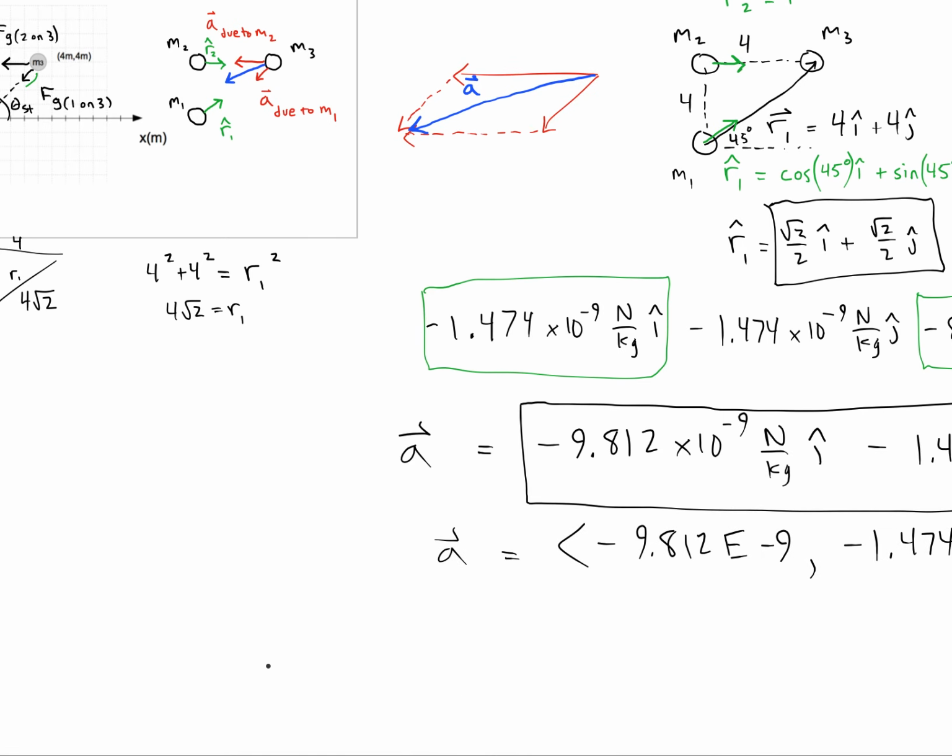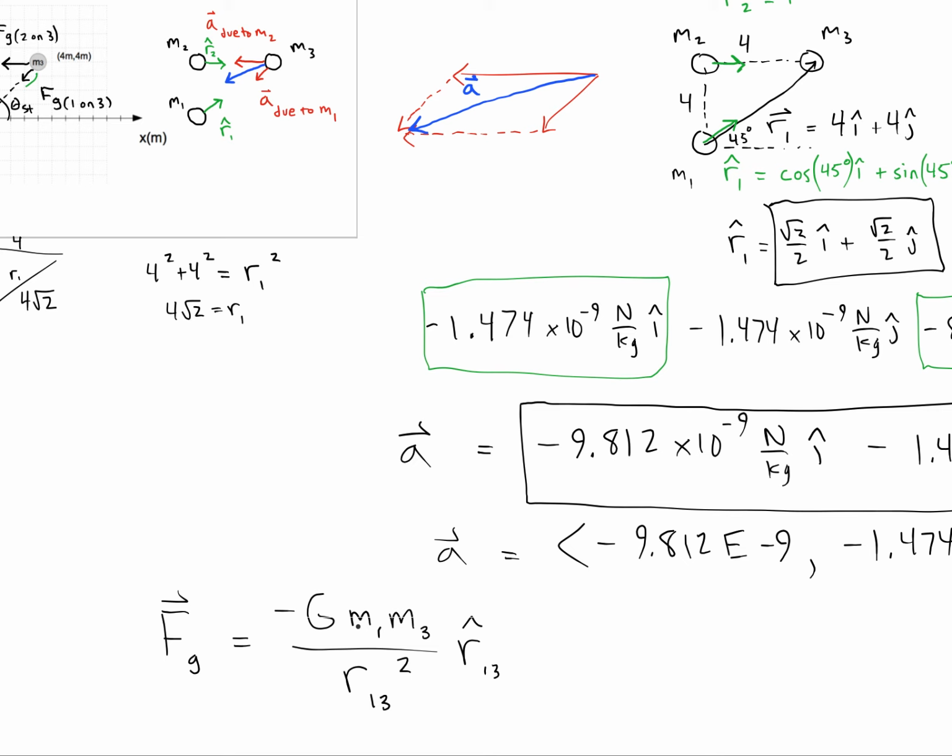The formula is Fg equals negative G M1, I'll put M3, over R13 squared R13 hat. That would be the formula we could use to find the force between two masses.